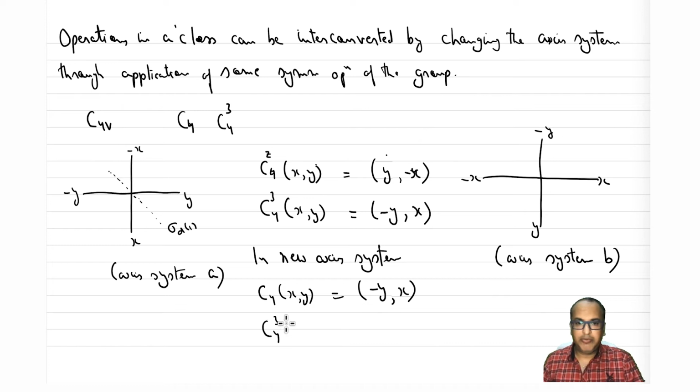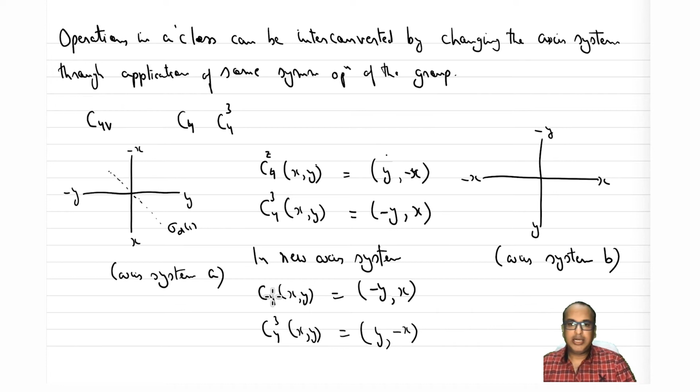Now if I do C4 cube on xy, x moves here, that is y, and y moves to minus x, right?